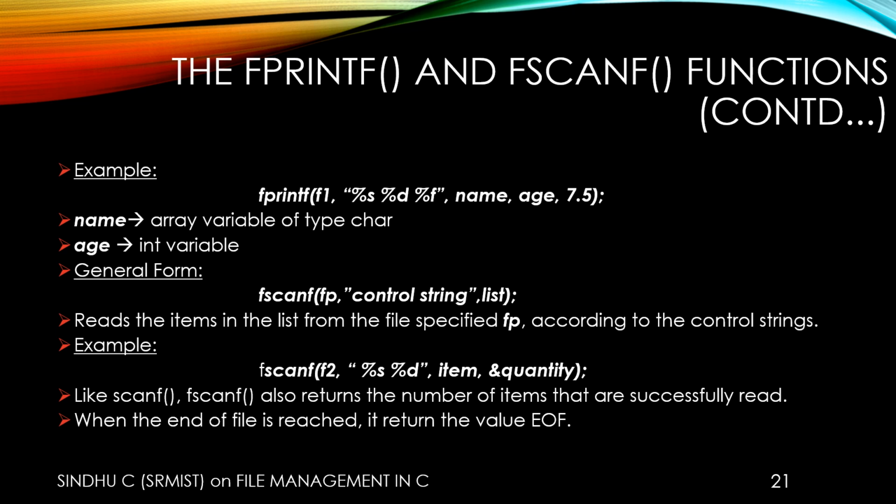In the example, fscanf, f2 is the pointer variable, then you have the control strings %s and %d. Now you have two other arguments, where item corresponds to %s and quantity corresponds to %d. Like scanf, fscanf also returns the number of items that are successfully read. When the end of the file is reached, it returns the value EOF, which is end of file.